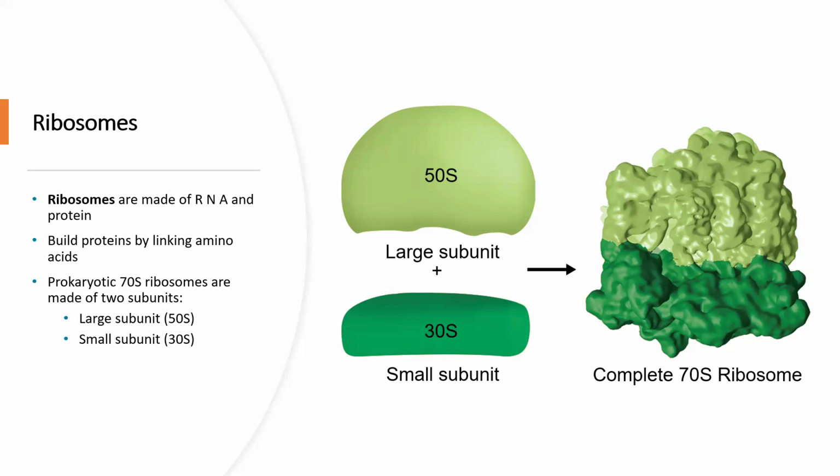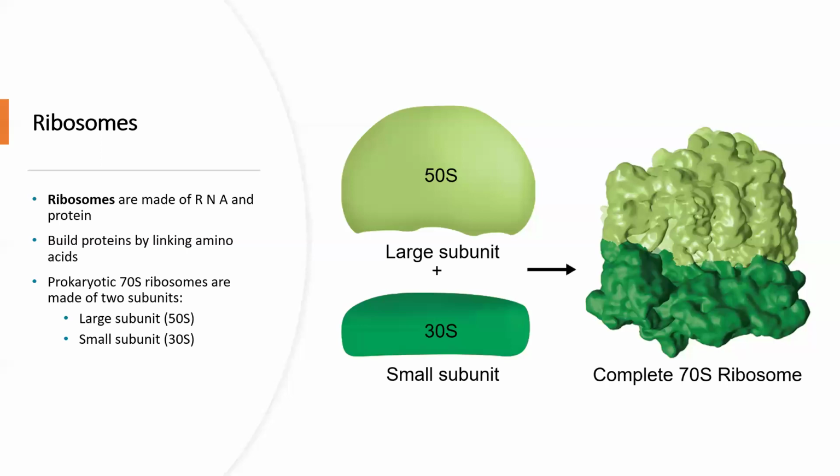We'll talk more about this when we talk about translation, but it basically puts amino acids together. Now, when we're talking about prokaryotes, the big difference that you'll notice is the size. The prokaryote ribosome is composed of two subunits, a 50S and a 30S subunit. And when combined together, they become 70S.